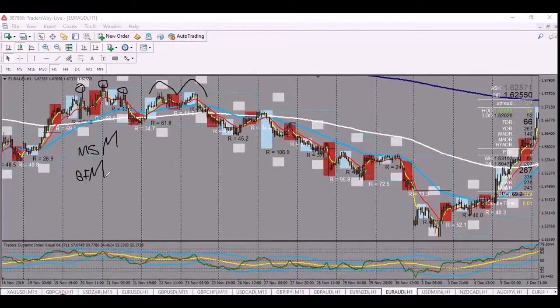Ever since we get this, we start calculating the cycle. So we can come back here and analyze. Right here was the 16th, then we had the 19th.